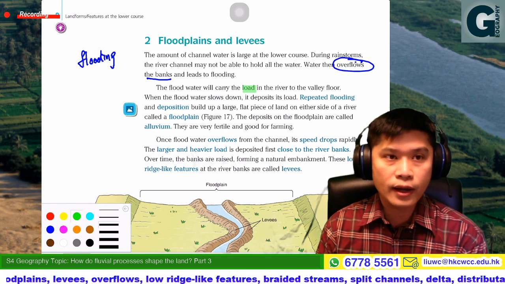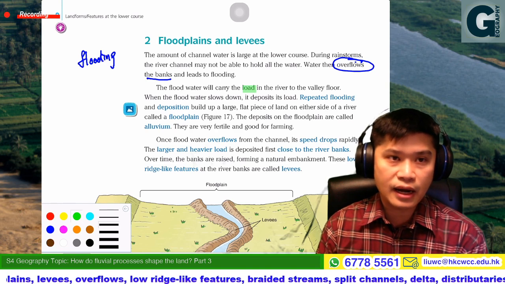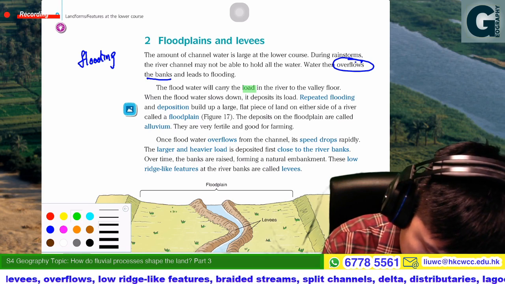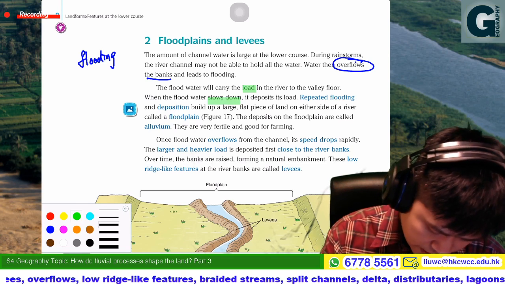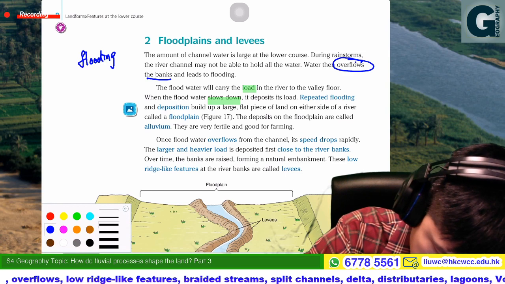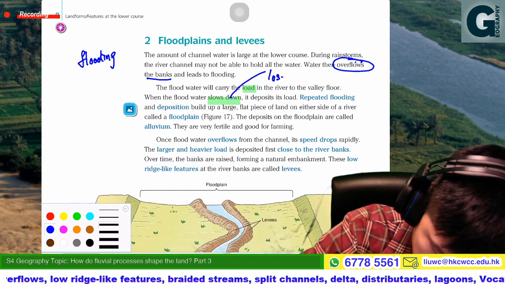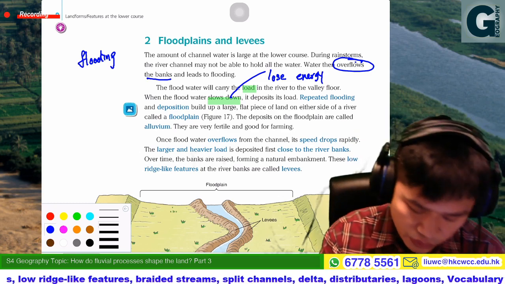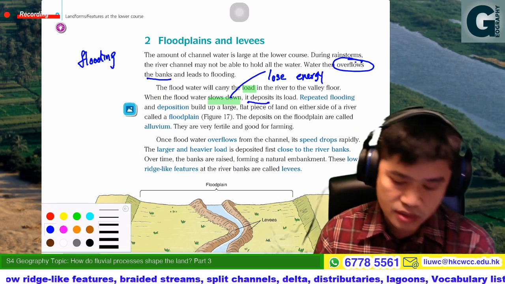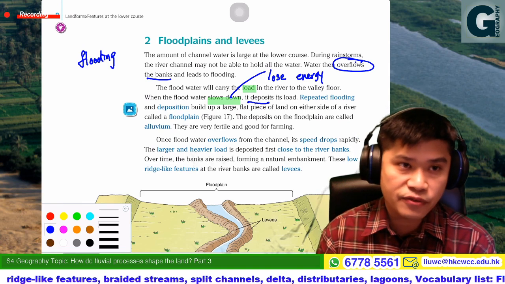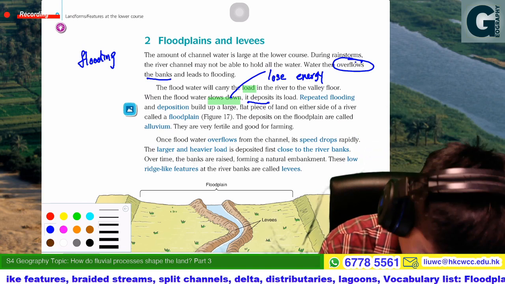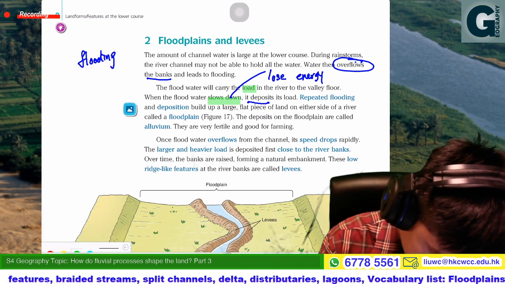When the river carries lots of load and you look at this, when the floodwater slows down here, it means it has lost energy. It loses energy, so it deposits its load. Repeating flooding causes deposition to build up. Please highlight this one. This is important.